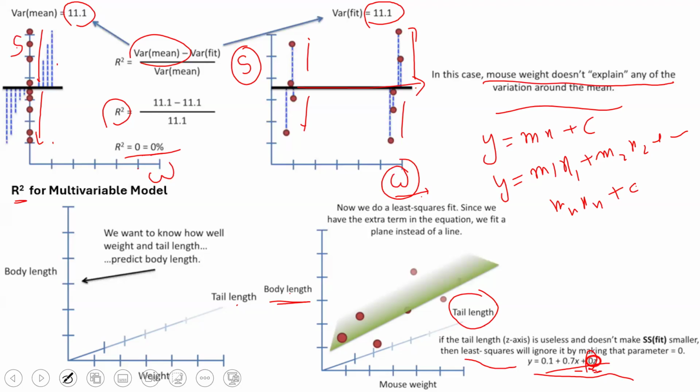So even though we have n parameters, the line that you're fitting will not be impacted, because that variable will be multiplied by 0. So that will become void. Okay. This is all about R square calculation for a multivariable model, where you fit a plane instead of a line.